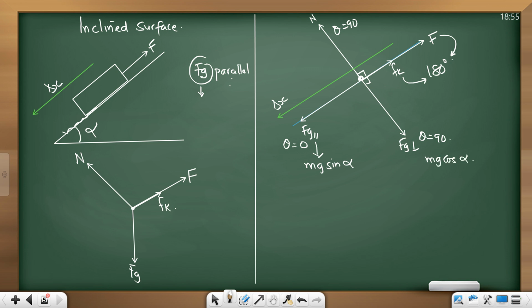Please don't mix these things. FG parallel is MG sine alpha. I'm going to show you a way to run away from using that, but you must know it. There are certain questions where you don't have a choice, and questions where you have a choice. If I have a choice, I don't use it. I'll be showing you how to run away from it, so that you don't mess things up.